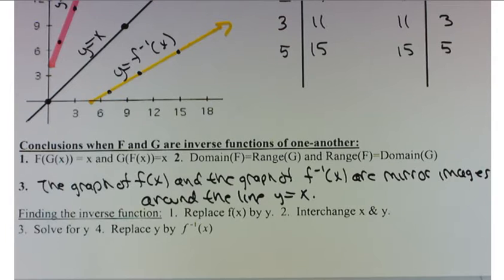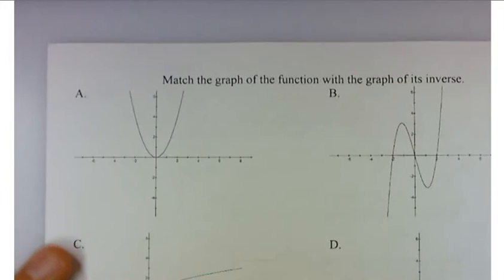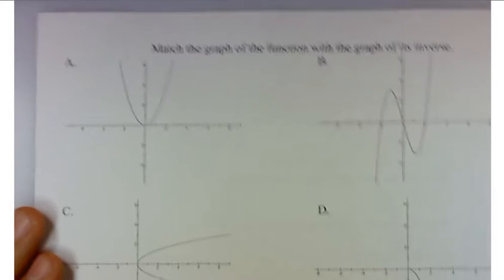Let's pause for a second and practice that before we move on and figure out how to actually calculate the expression for the inverse. So on the back, I've got 8 graphs.